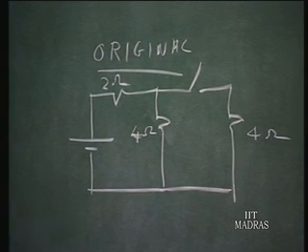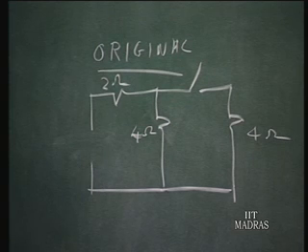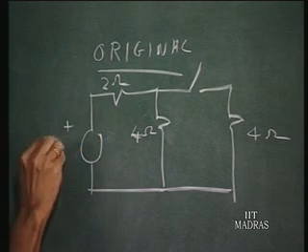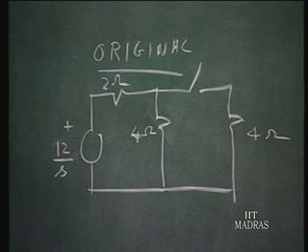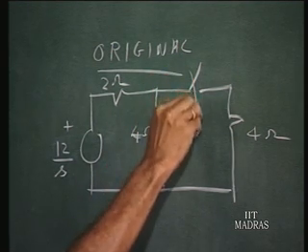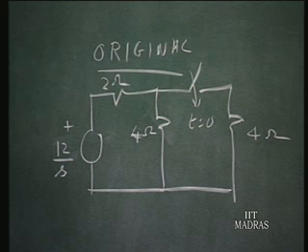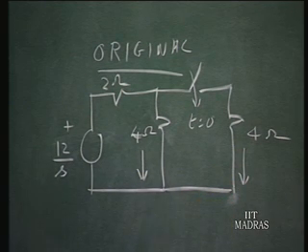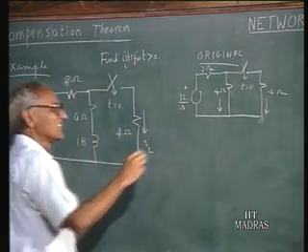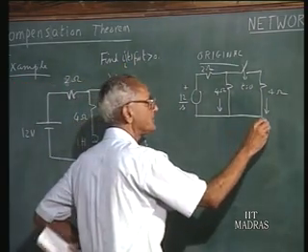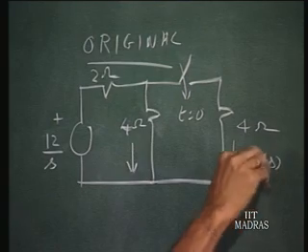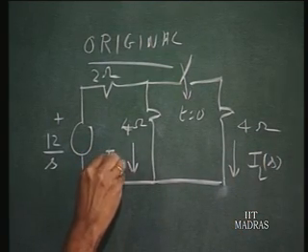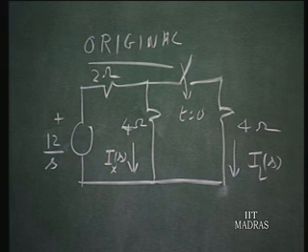We'll use it in the Laplace transform domain, so I will put this as 12 by S. And in this network, if the switch is closed at t equals 0, what are the various currents that are produced? There will be a current here, which I will call the load current IL of S, and I will call this IX of S. So this is the original network.